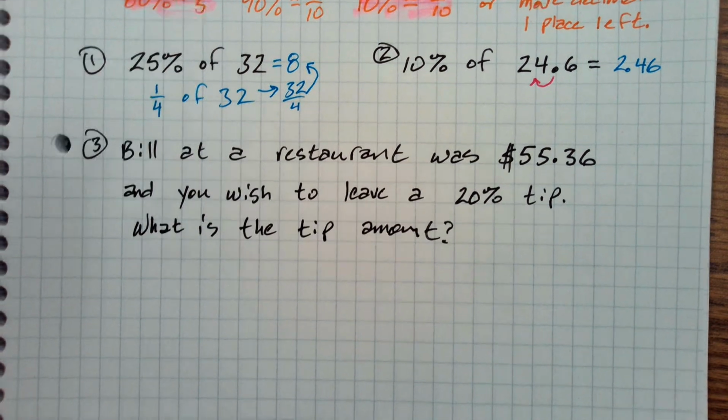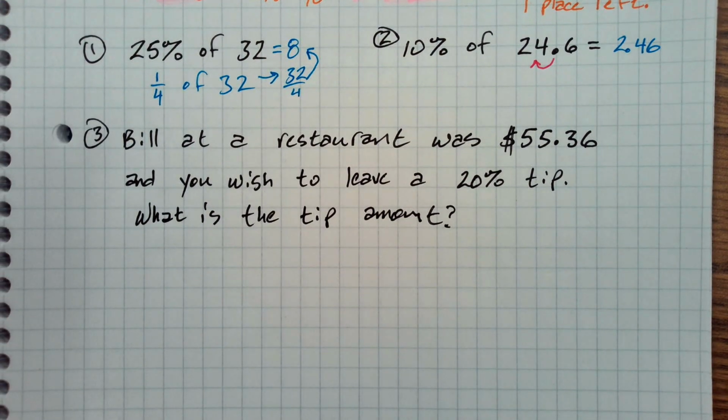Okay, so we're going to think this through. You want to leave a 20% tip on a bill that's $55.36. Since you're just finding the tip amount right now, you have to do 0.20 times 55.36.